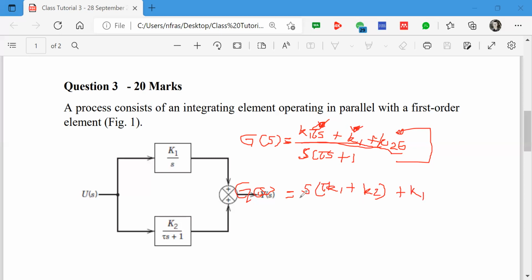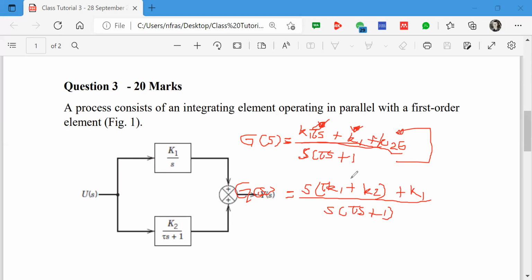All right, and then your denominator, you're still going to have s(tau s plus 1). All right, I hope you see what is happening there.